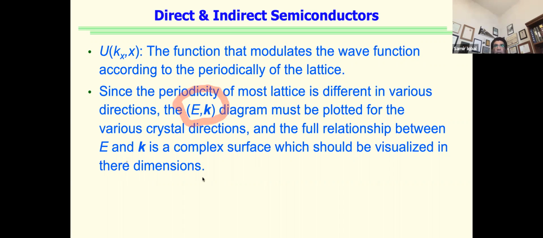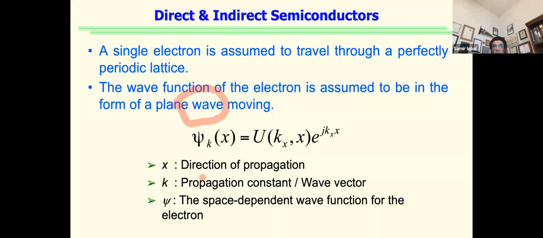So energy versus K. K is, let me say, the propagation constant of the wave function. So the direction of the movement of an electron would be defined by the propagation constant, the wave vector.